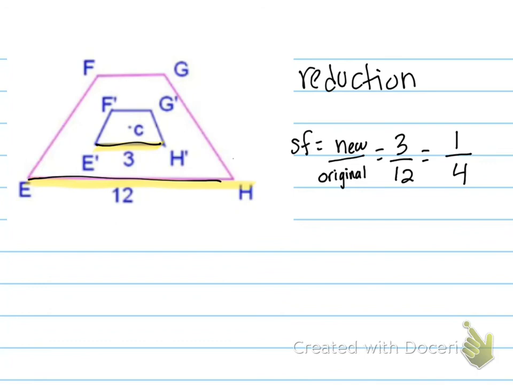So we have a reduction by 1/4, right? If I wanted to write that as a symbolic representation, if I did have xy values, they would be reduced by a factor of 4. So 1/4 x and 1/4 y.